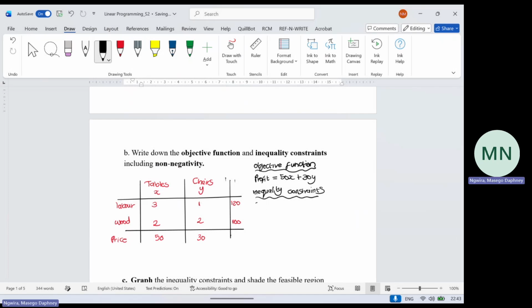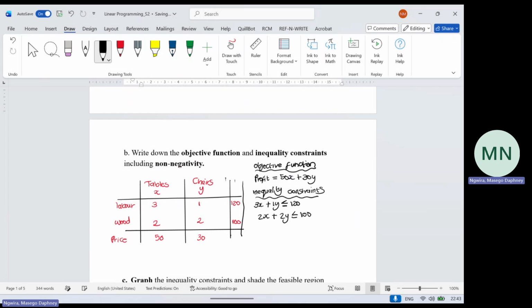So it's going to be 3x plus 1y is less than or equal to 120. And then the other one is 2x plus 2y is less than or equal to 100.